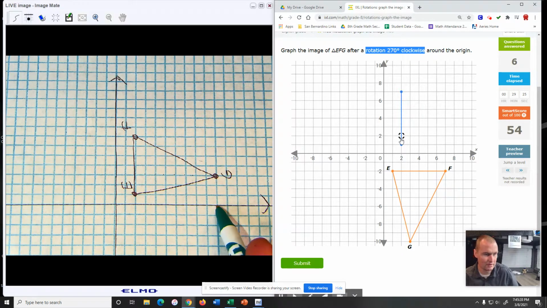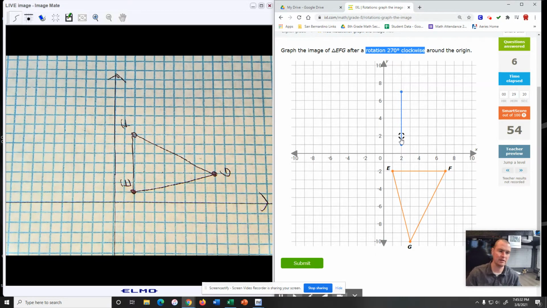G's way over at +10, and up 3. 1, 2, 3. +10 and 3. Here we go. +10 and up 3. Well, Mr. Painter, how'd you do it so fast? Well, 10 is right here. It's labeled for you on the x-axis. So use the labels that they give you. And there you go. There is triangle EFG rotated 270 degrees clockwise.